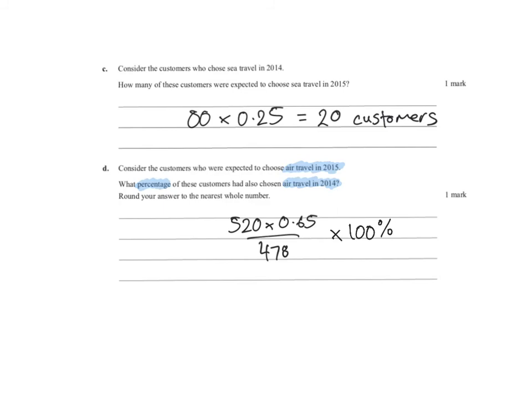If you do that, you're going to get 70, and it's going to round to 71%. Just take note if it wants it as a whole number as well.